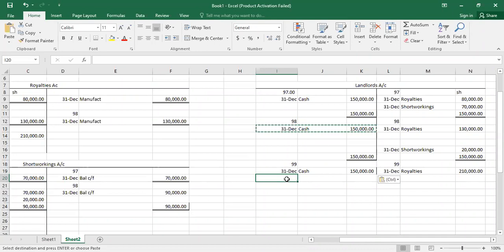Now we deal with the short workings. It is short working, isn't it? Yes, because the account that will be affected, we are going to debit now the landlord's account and credit the short workings account.